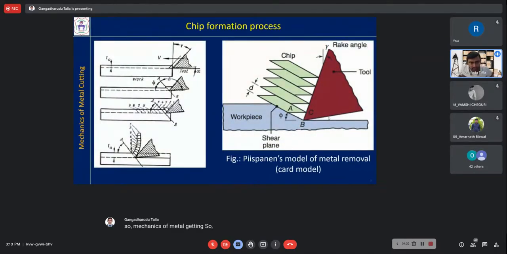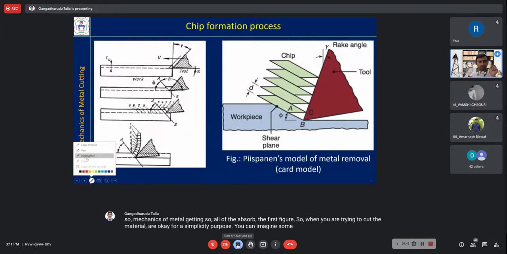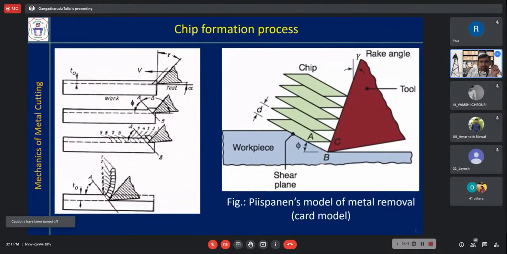All of you observe the first figure. So when you are trying to cut the material, for simplicity purpose, you can imagine some shaping operation. This is the tip of the cutting tool, and this is the workpiece. t0 is the uncut chip thickness.